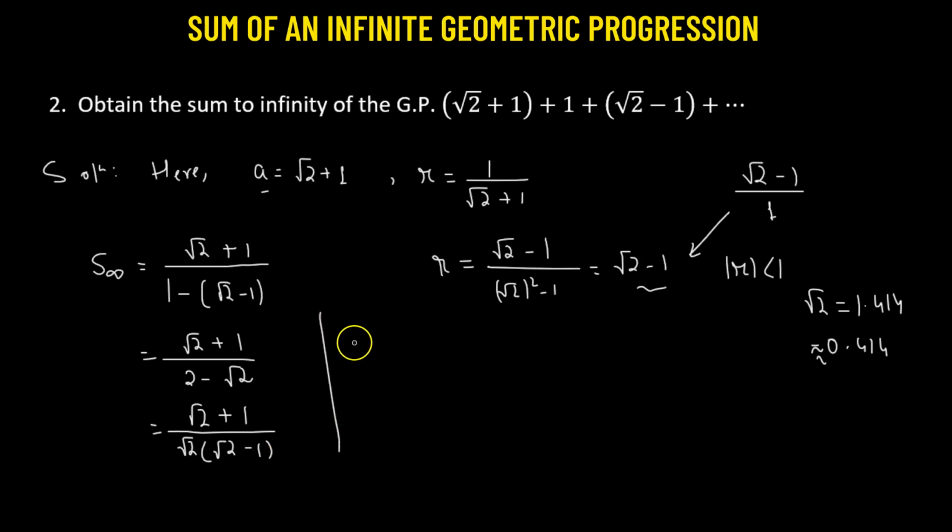Now we will be rationalizing the denominator. For that, we'll have to multiply both numerator and the denominator with square root of 2 plus 1.